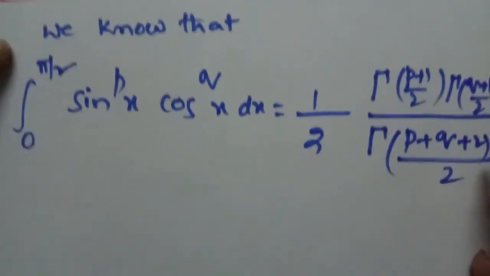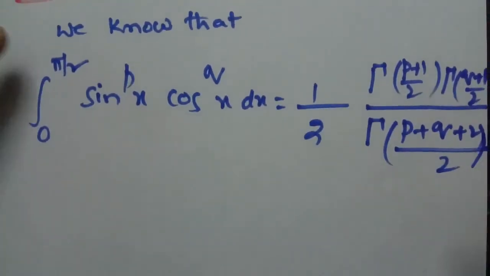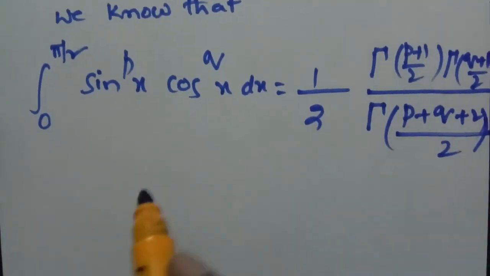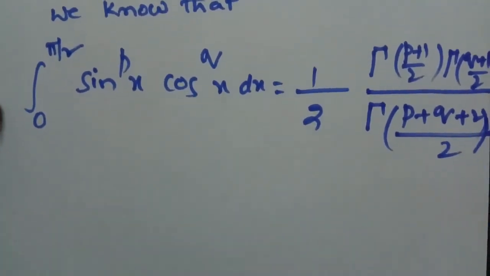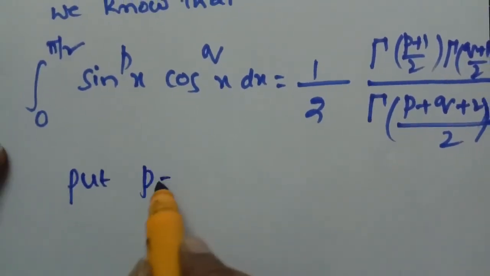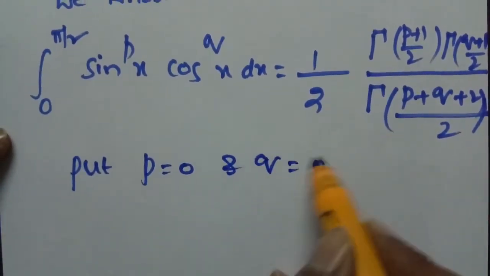Therefore, in the above result, to prove that gamma of 1 by 2 equals root pi, we have to prove this result first. Therefore, put p equal to 0 and q equal to 0.